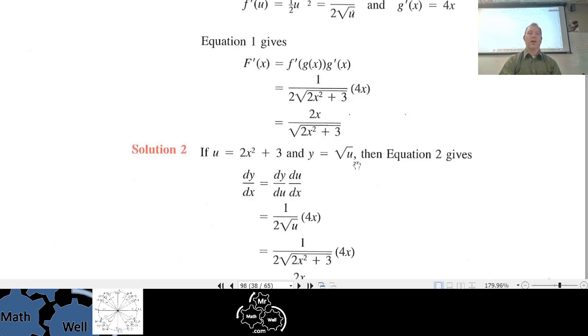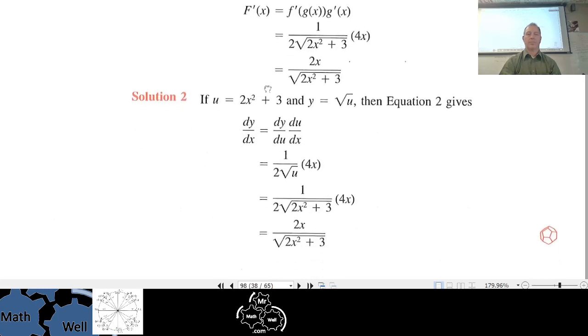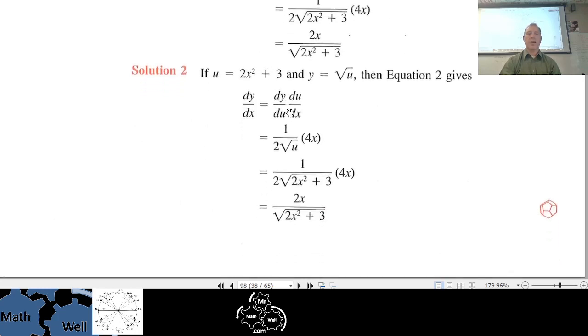Let's take the derivative of this first, and then multiply by the derivative of this second. So there's the solution doing it that way. Derivative of y is 1/2 u to the negative 1/2, that's what this is, times the derivative of u, which is 4x. Now substitute u into the equation and simplify.